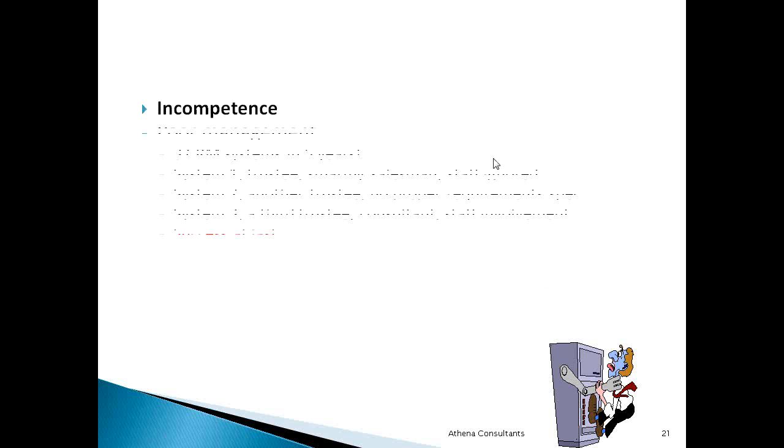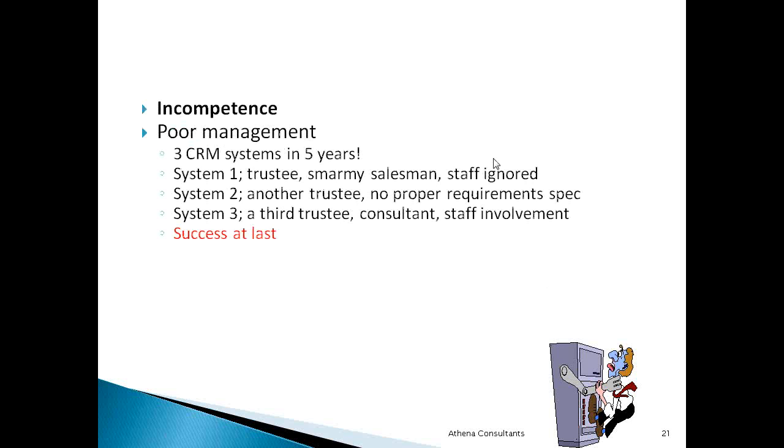Incompetence, again related to arrogance. This organization had 3 CRM systems in 5 years. Now that's a nightmare. You usually try and keep a system for around 7 years, I think is about average in the UK, before you start thinking about either replacing it or seriously upgrading it.